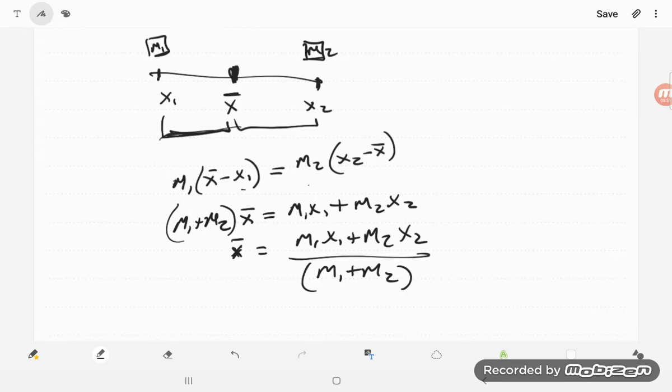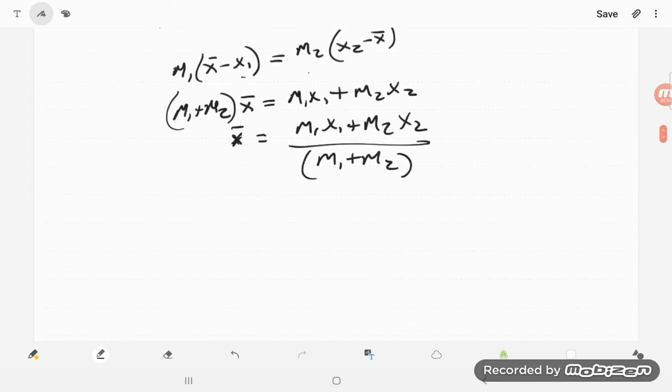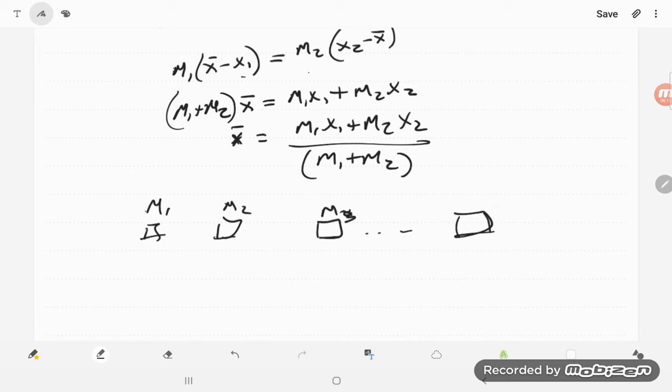And so if we expand this idea to a bunch of objects, so here's an m1, an m2, m3, and so forth, out to some m sub n, and we wanted to do that same idea of trying to find a balance point.